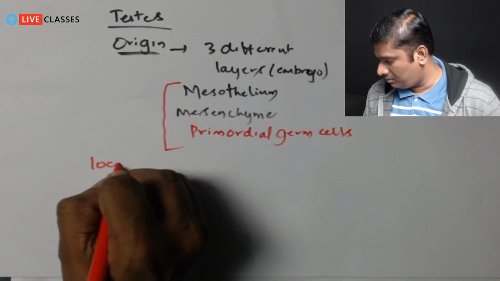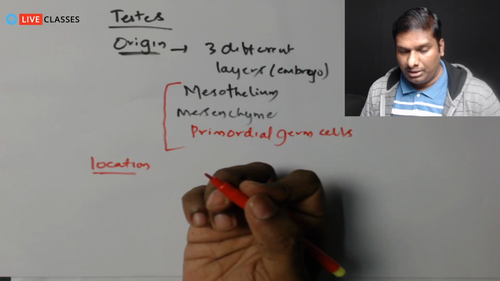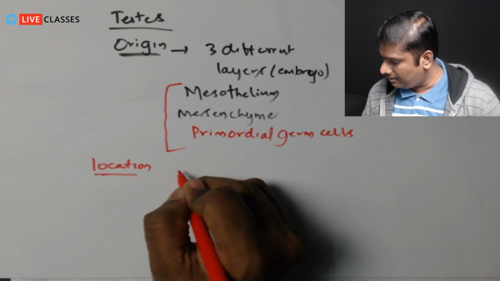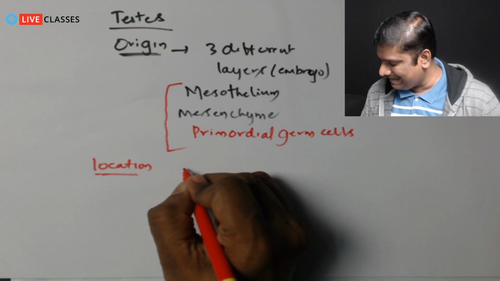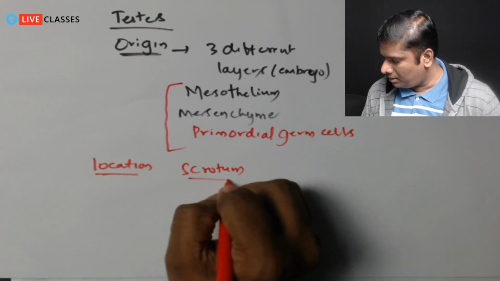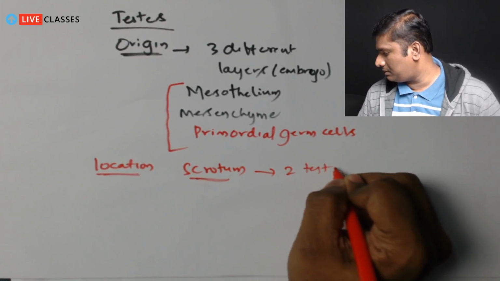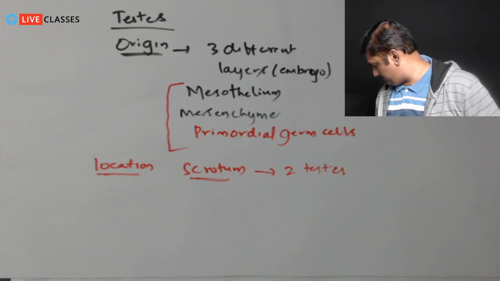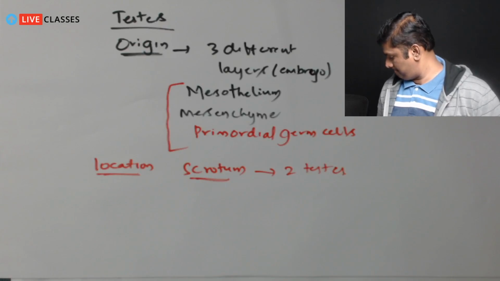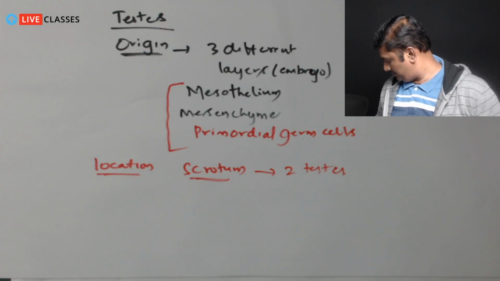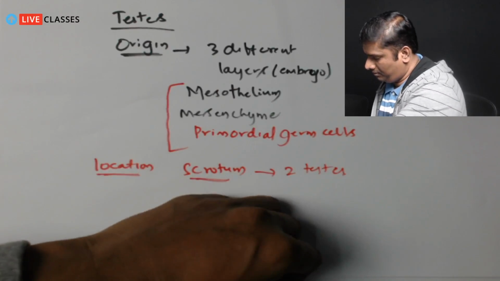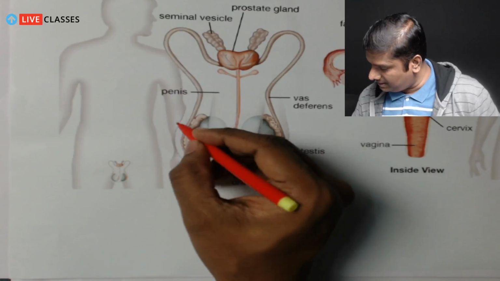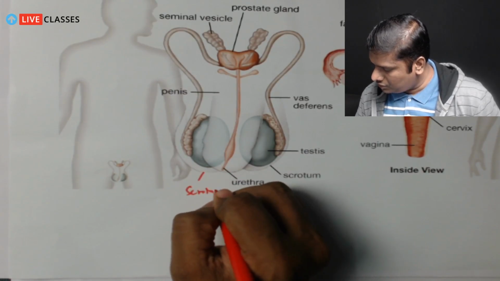Now, location. Where is the testis located? It is located near your upper thighs, in a sac called the scrotum. In the scrotum you find two testes.